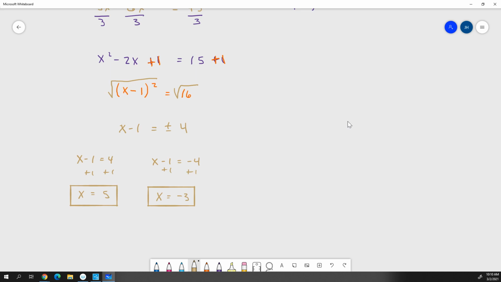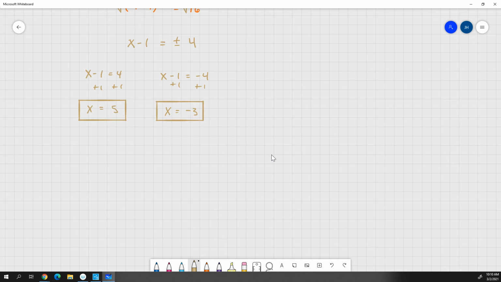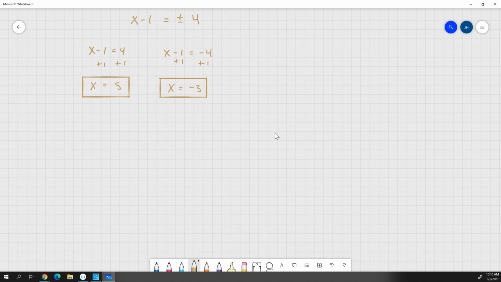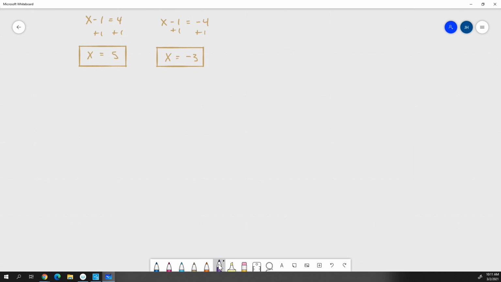The next one, and it will be the last one, I just wanted to make sure that you had one that had a fraction in it, because we haven't seen something like that. You will come across it in your homework. So I wanted to make sure you had it. I think I will write it again where we have to put it in order first. So if I have 2x squared equals x plus 3, right?